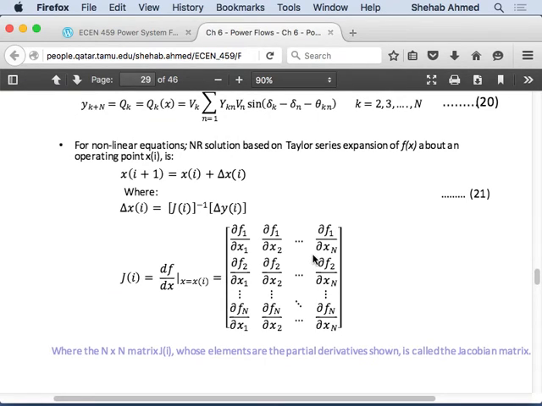So what is the difference between n equals k and n does not equal k? Diagonals versus off diagonals. So dP1 by d theta 1 is n equals k, right? dP2 by d theta 2 is n equals k, right? So these are the diagonal elements. But dP1 by d theta 2, so n does not equal k, right?